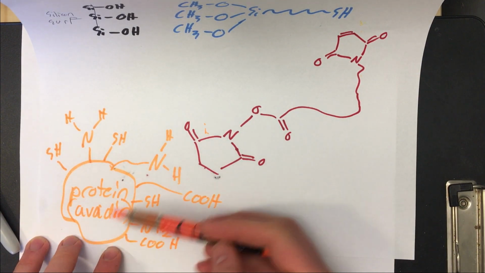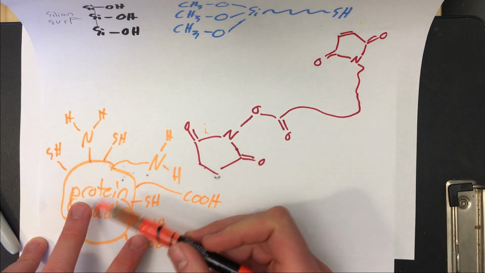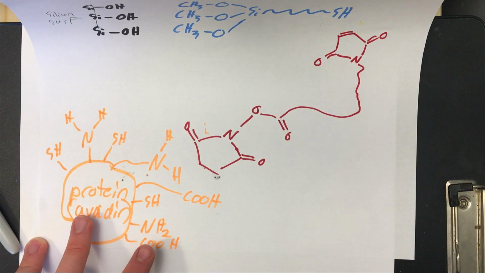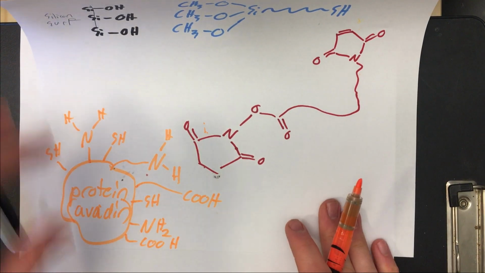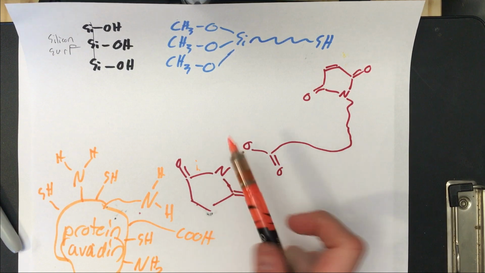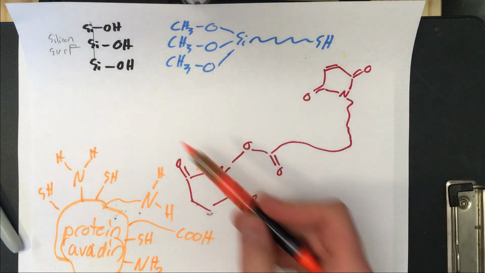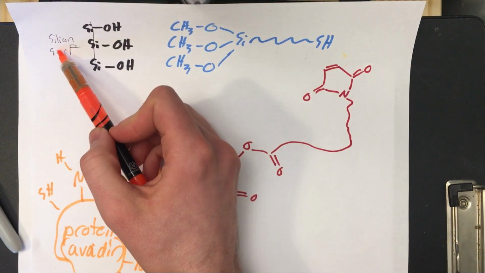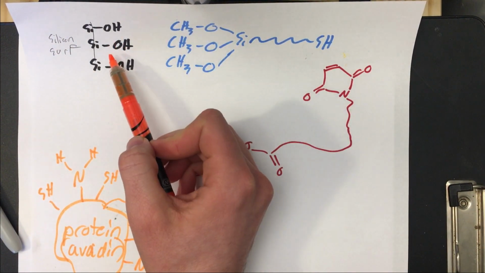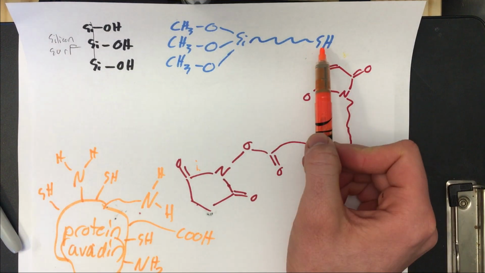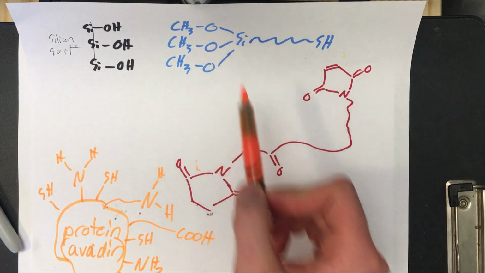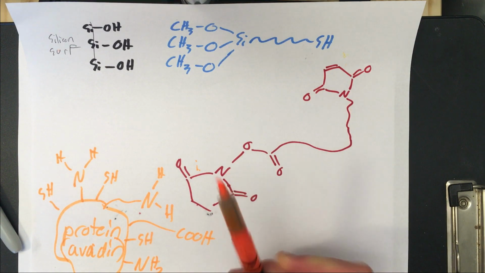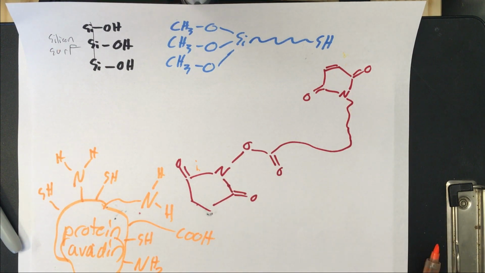So proteins are kind of this big mess where there's just tons of different types of groups sticking out. So let's see how order of operations would affect this sequence of buildup that we had here. I described the process of having the silicon surface and then attaching this molecule to the silicon surface and then this molecule to the SH that was on this molecule, and then finally the protein to this molecule right here.